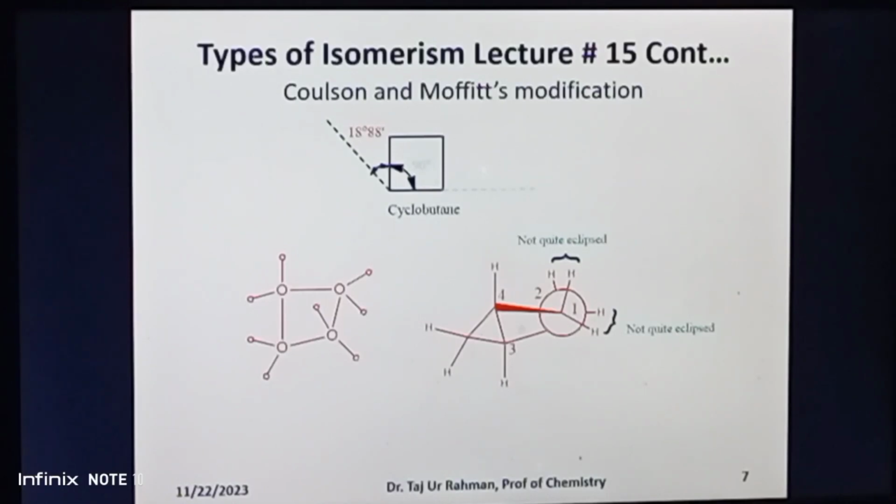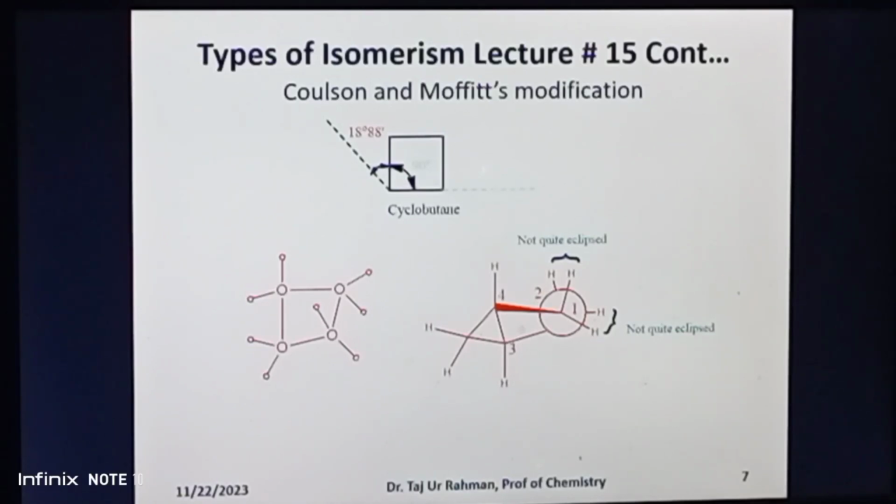In cyclobutane, the bond angle has been increased to 90 degree from that of 60 degree as was observed in cyclopropane. Due to this increase in angle, the stability increases. The reason is that in cyclobutane, the overlapping between sp3 hybridized orbitals of all the carbon atoms is now greater than that of cyclopropane.